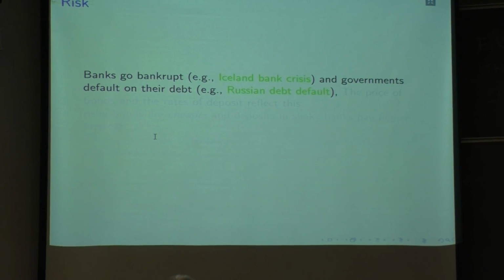So I don't know if you follow the news, but there is a big mess in Italy. And so what happens if you lend money to Italy? So some people think, including myself, that maybe if you lend money to the Italian government, you're not going to get this money back. Okay?